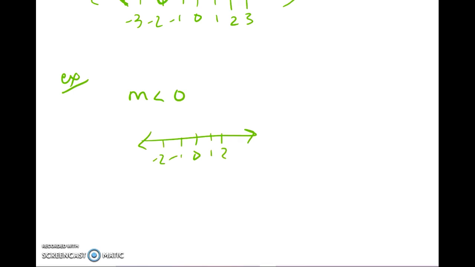Notice here we check our sign. There's no equal to, so my circle must be open here at 0. And it's less than 0. Less than values are always to the left. We want all the values less than 0, so we want our arrow pointing left.